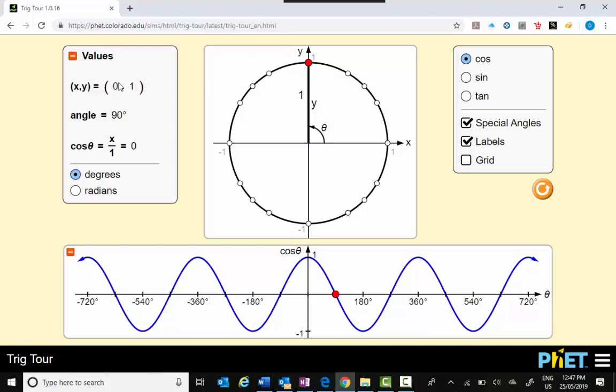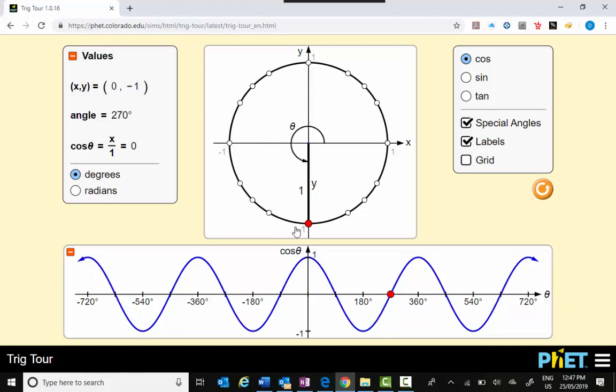So what we're trying to say here is the x-coordinate is in fact the cosine value, the y value is the sine value. You keep coming around here and you get negative values for cosine, and positive values for sine. At 180 degrees, we know that cosine's negative 1, sine's equal to 0.